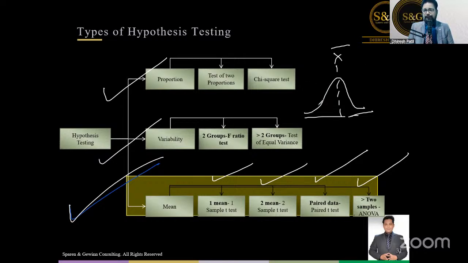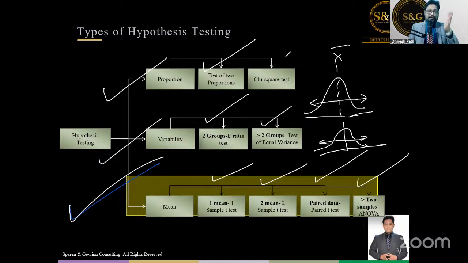But if I want to compare the variability of one data distribution with another, then with two groups I go for the F ratio test, and with more than two groups I go for the test of equal variance. If I want to compare proportions, like percentage rejection shift-wise, I go for the test of two proportions. If it is more than two groups, say three groups, we go for the chi-square test.